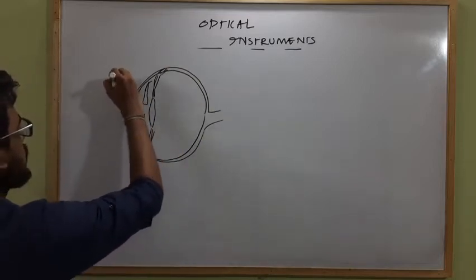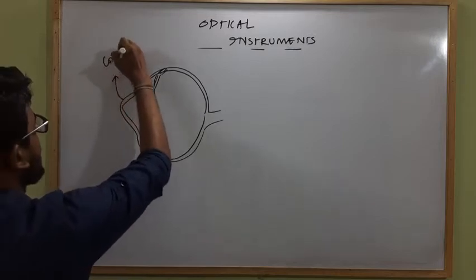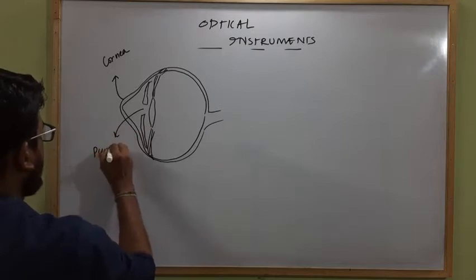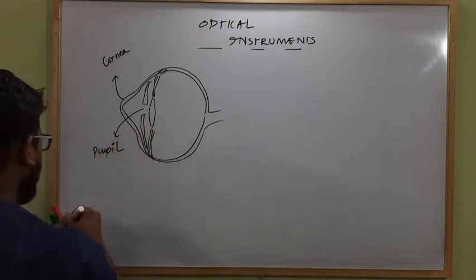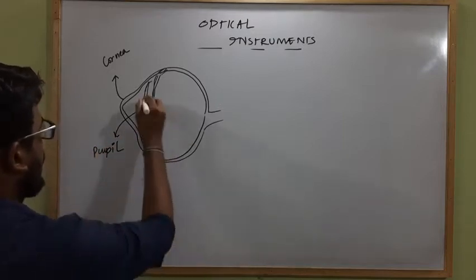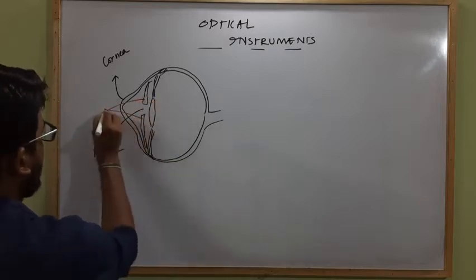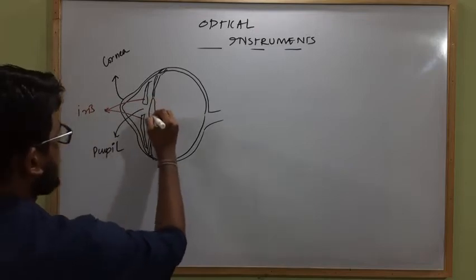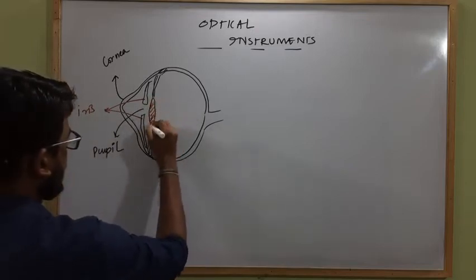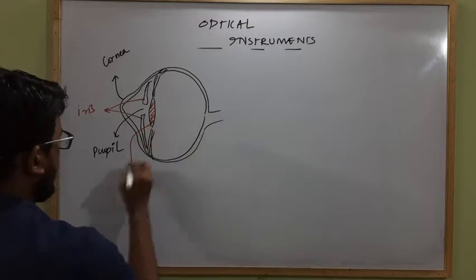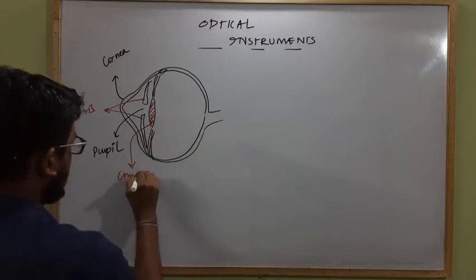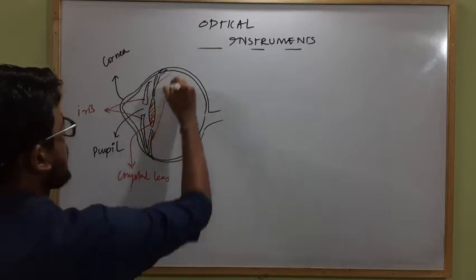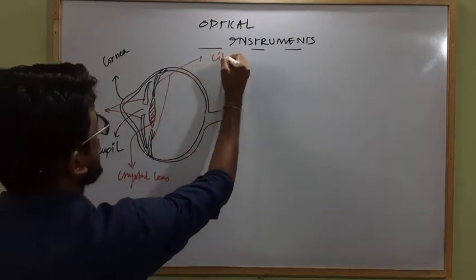This portion is known as the cornea. This small opening is known as the pupil, and this diaphragm-like structure is known as the iris, and this is the crystalline lens, and these muscles are known as ciliary muscles.